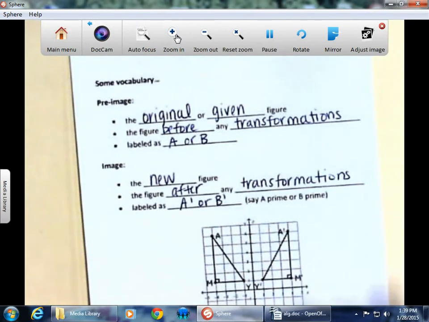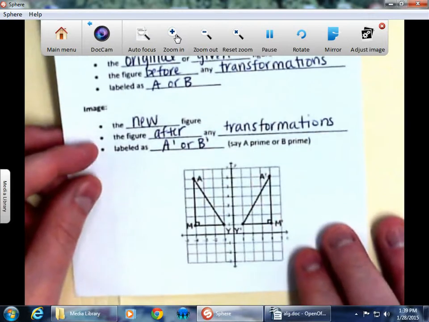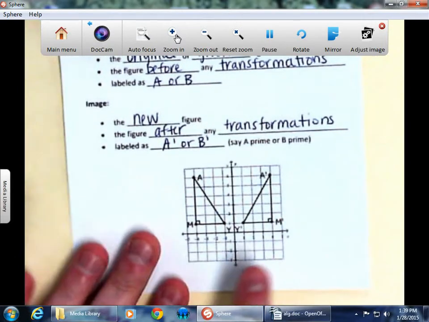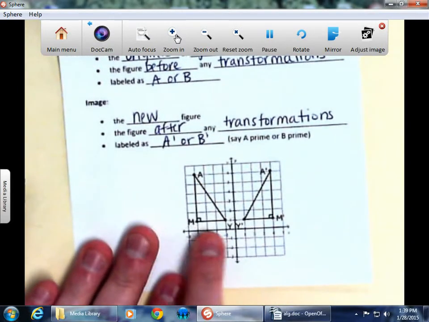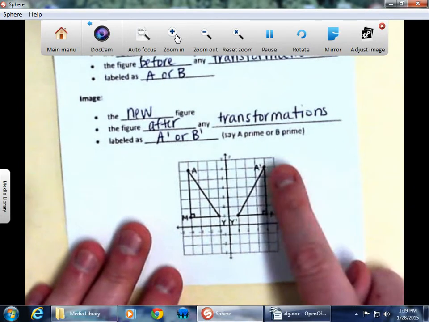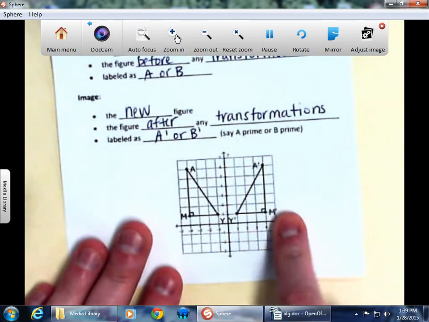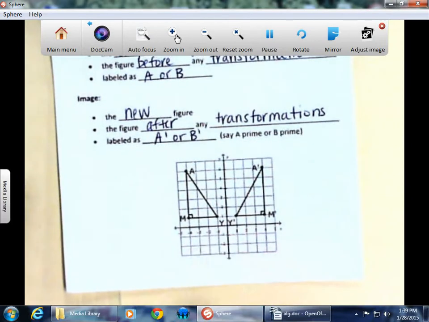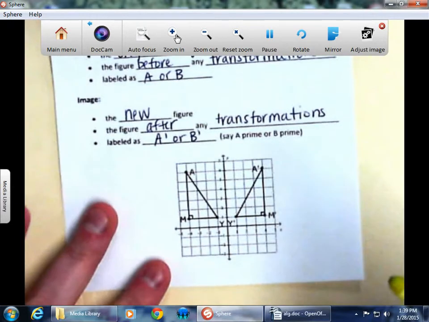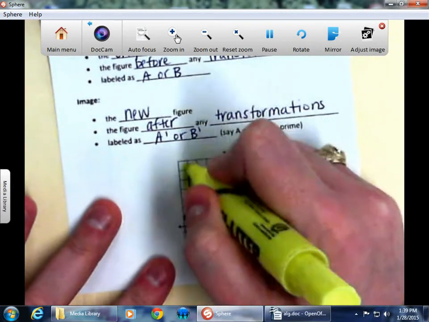So what I want you to do is look at the picture below this. You have two triangles here. This is triangle AMY, and this is triangle A prime, M prime, and Y prime. We're going to look for the pre-image first. So if you will take your highlighter, remember the pre-image is the original one, the one that they gave you, and it's just going to be labeled with letters with no primes in it. So I want you to highlight this figure here.